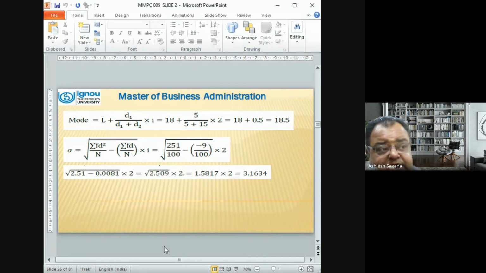Mode is greater than mean. Now we will find out the standard deviation. Standard deviation is the square root of summation fd square by n minus summation of fd by n whole square. This comes out to be 3.1634.